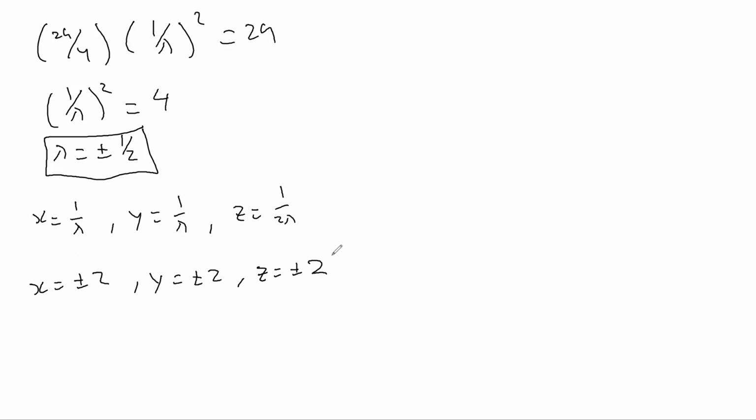All right. And now finally, we're trying to figure out what our absolute maximum and absolute minimum are. Going back to our function, we have that f(x, y, z) is equal to 6x plus 6y plus 5z.